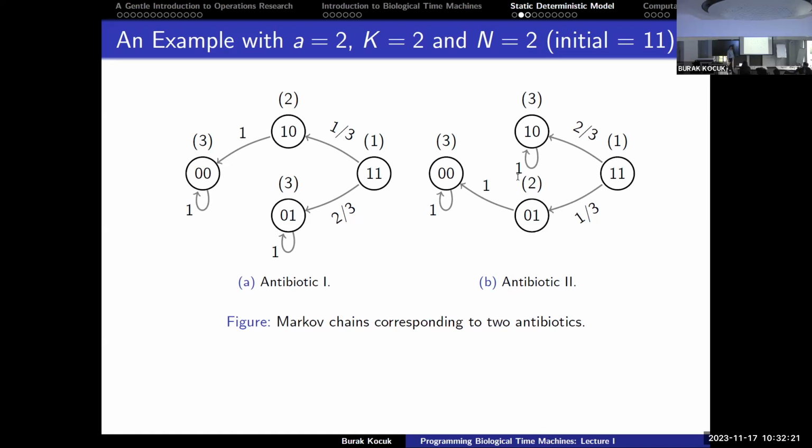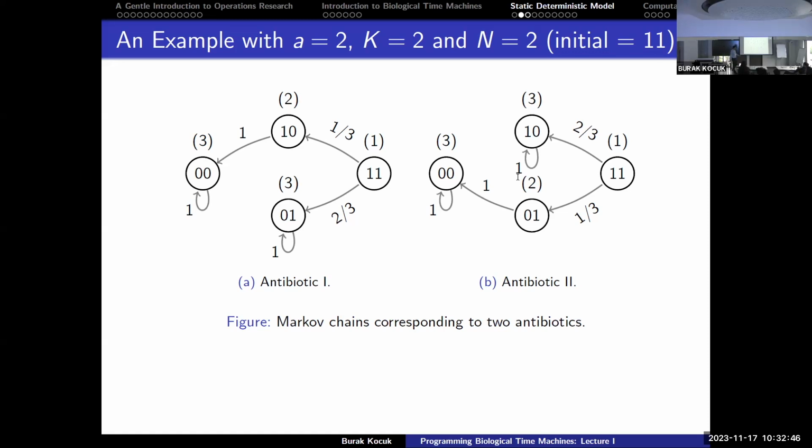I guess we can start with the 2, which most probably takes us to 1-0. And then I guess if you're at that state, applying antibiotic 1 is a good idea. The thing is, we don't observe what happened in the position.